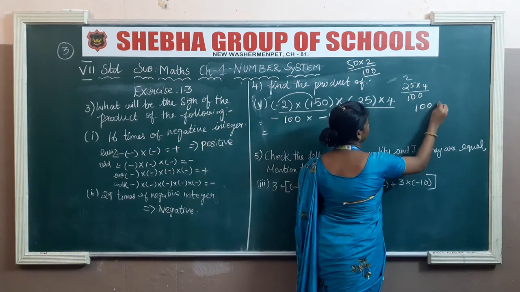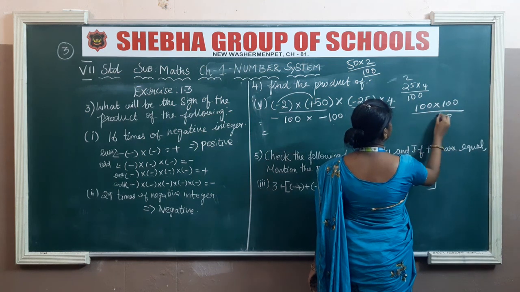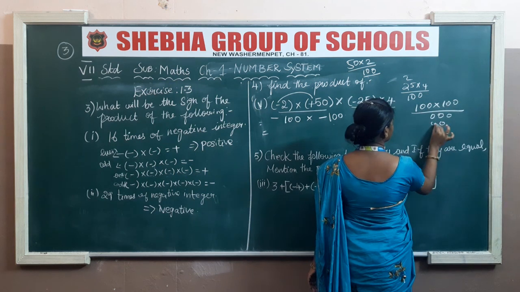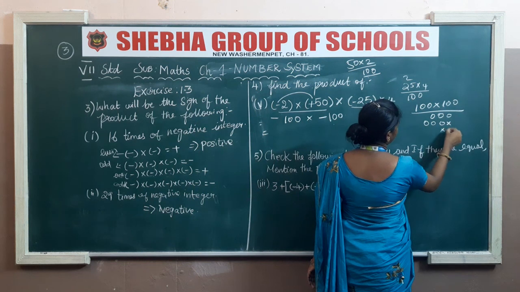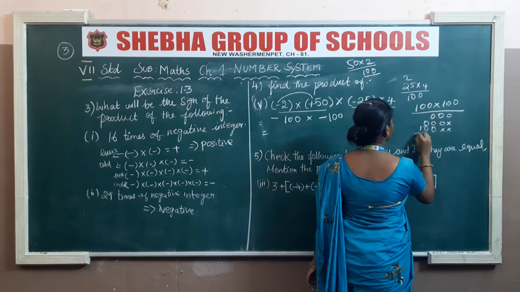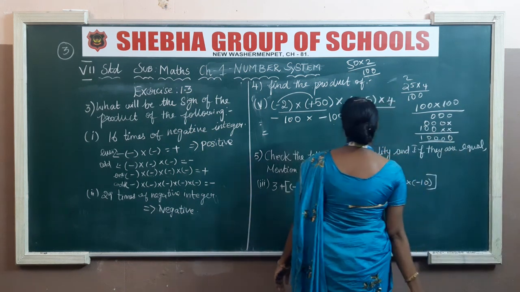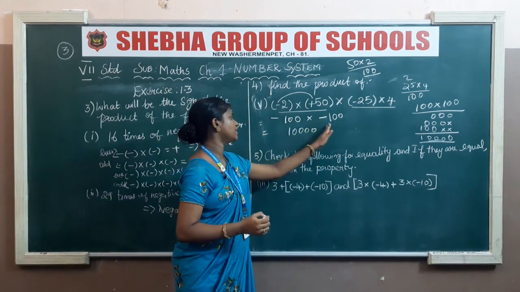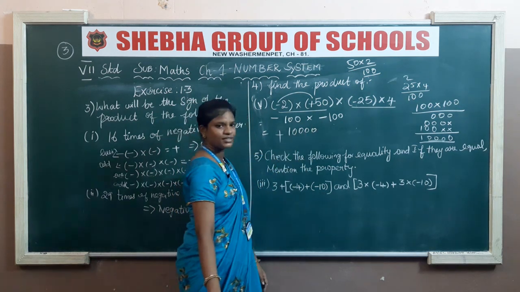Zeros are 0, and the ones give 1, so the value is 10,000. Minus into minus, the sign is the same, so we put plus 10,000.